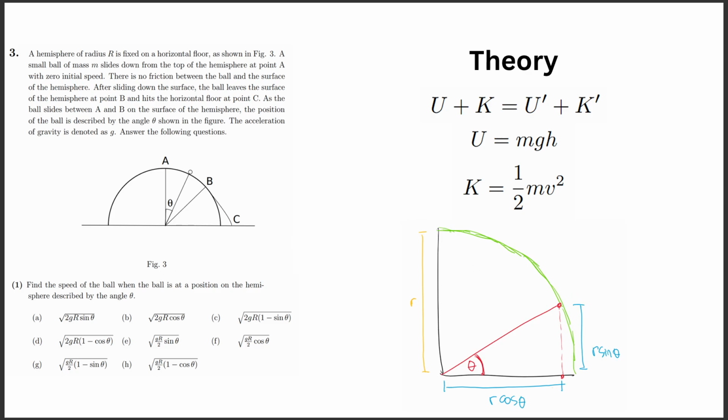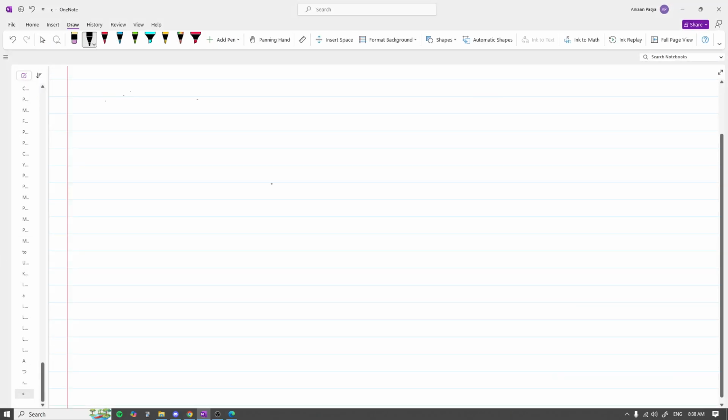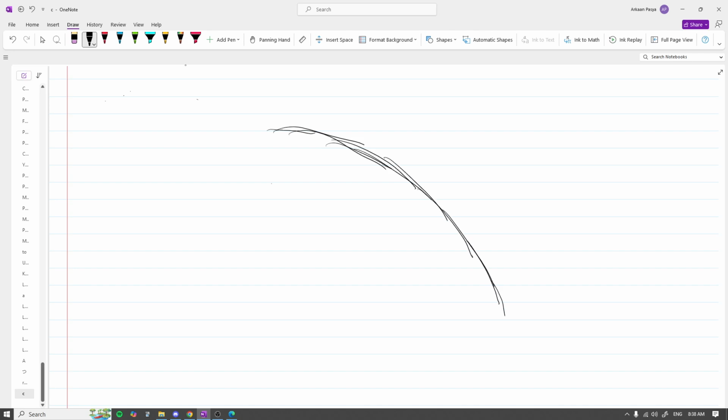So to find the speed of the ball, let me illustrate it. Let's draw a hemisphere, or a semicircle, and the ball moves from here to here, let's say here, and the semicircle has a radius of r.